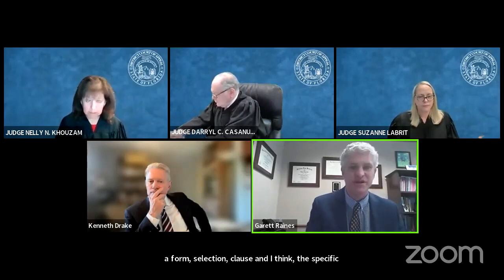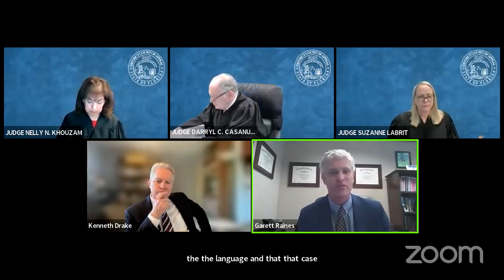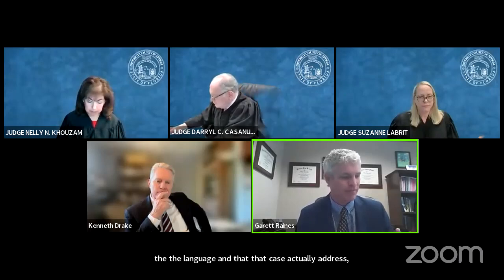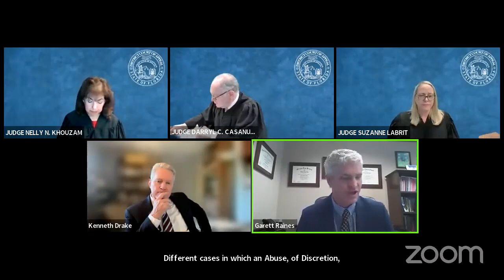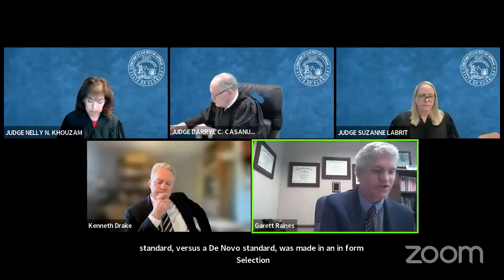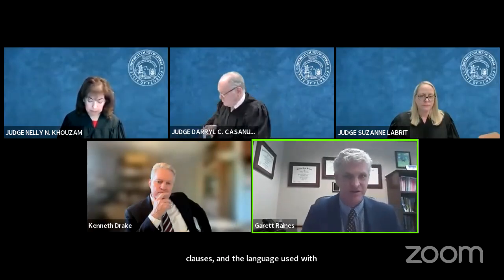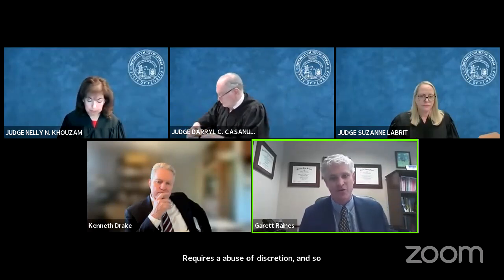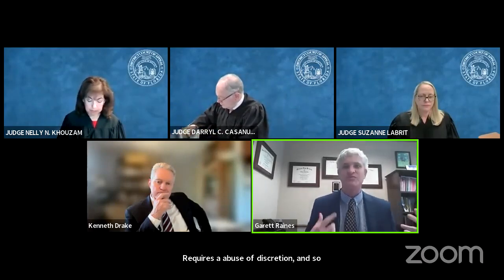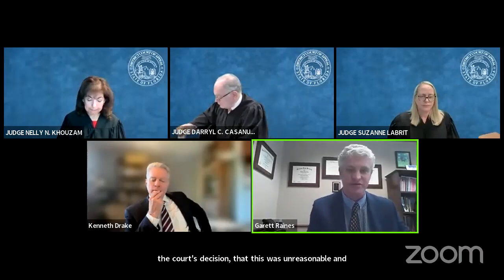The language in that case actually addressed different cases in which an abuse of discretion standard versus a de novo standard was applied in forum selection clauses. And the language used by that court was that a reasoned judgment based on the facts and circumstances requires abuse of discretion. And so with respect to the court's decision that this was unreasonable and unfair under the circumstances, that would be under an abuse of discretion standard.